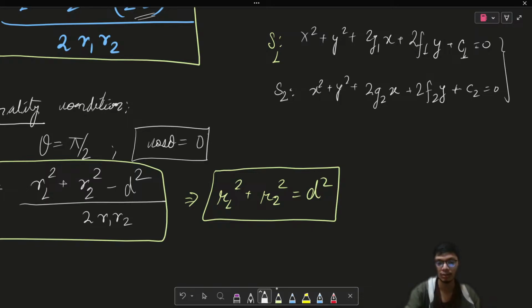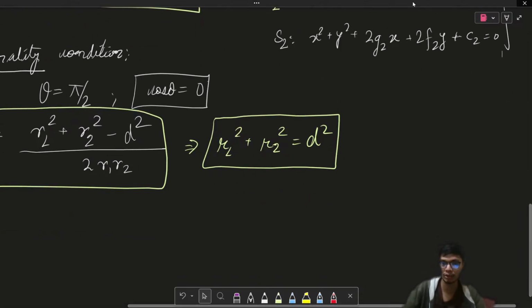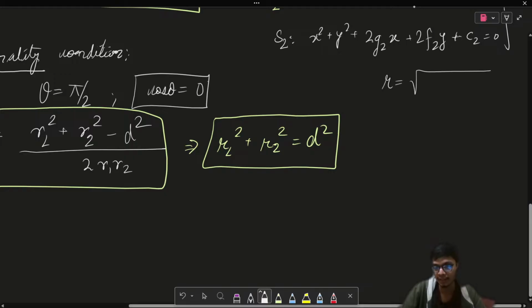From here I can plug in the r1 and r2 values, because we know that the radius of a general circle is root under g square plus f square minus c.